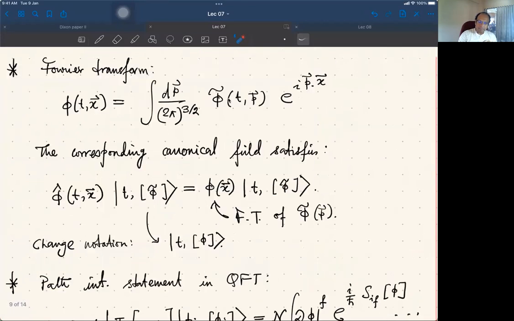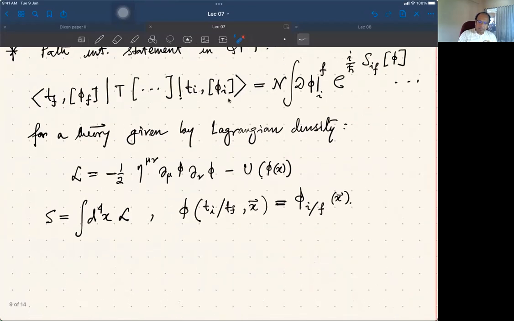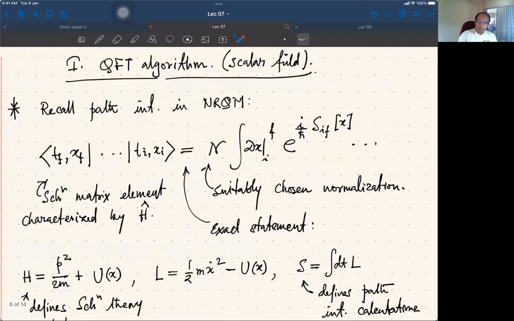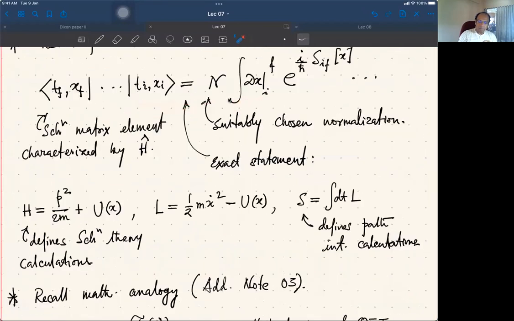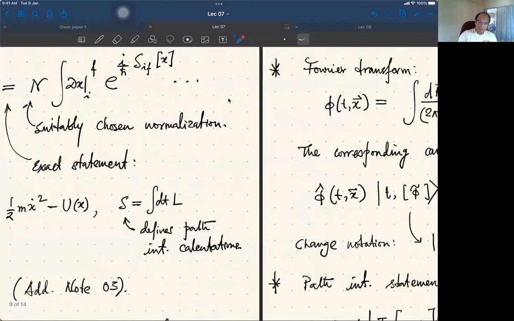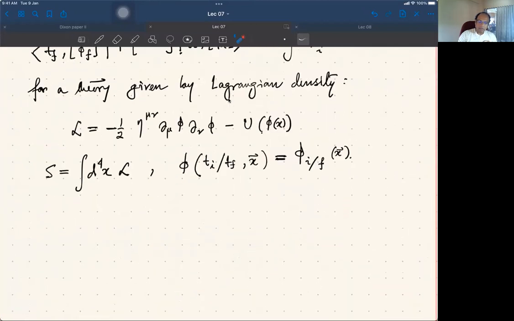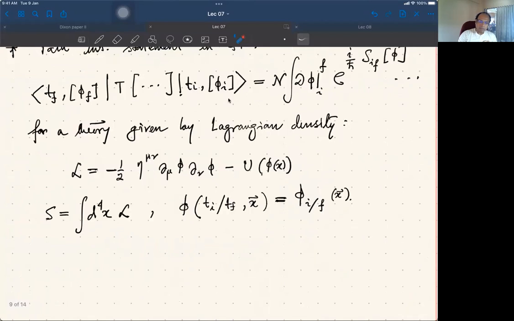So we will take this as a path integral statement, and of course, as we mentioned, this is a mathematical theorem. This result holds if you have a time evolution operator given by this Hamiltonian, and on the right hand side the action is given by this. And therefore on the field theory side, according to the mathematical analogy, you will consider a Hamiltonian corresponding to a Lagrangian whose density is given by this. It is the same form, because our signature is -1, mostly plus, so eta 0 0 is negative, so that is half phi dot square.